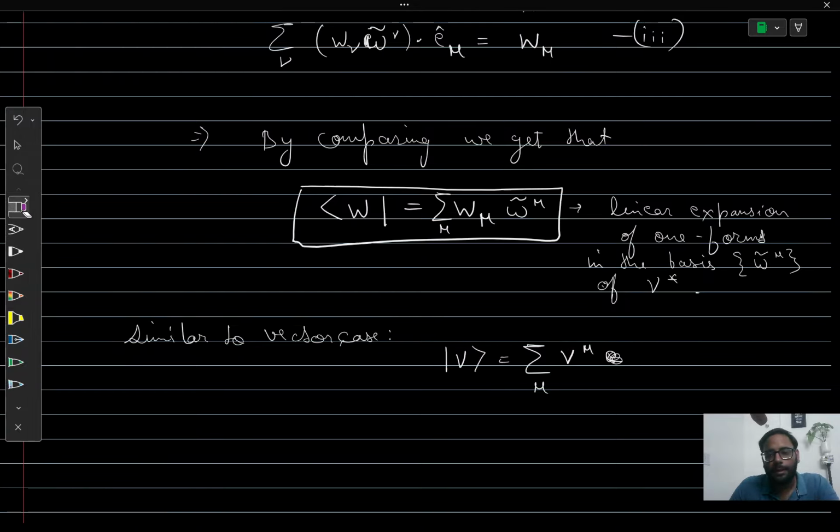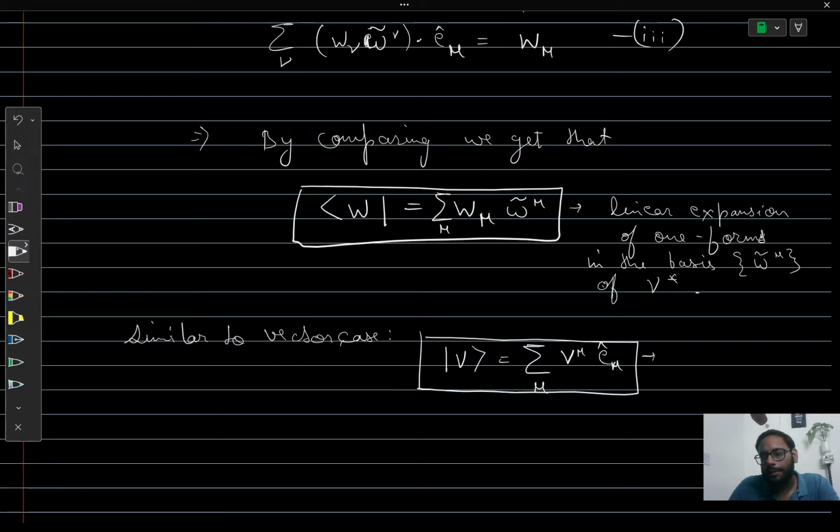So this mu and this nu, mu again, and this is a cap. This is for vectors.